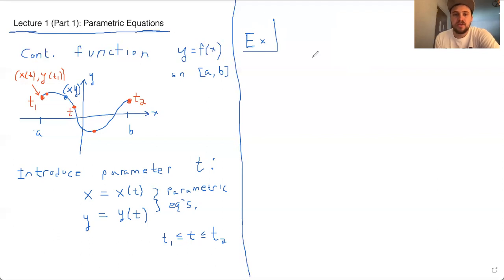Let's do an example. Let's sketch the curve given by the following parametric equations.